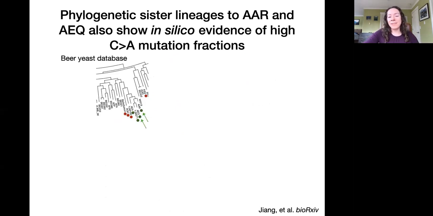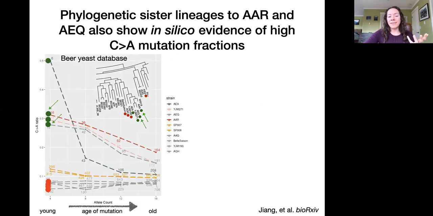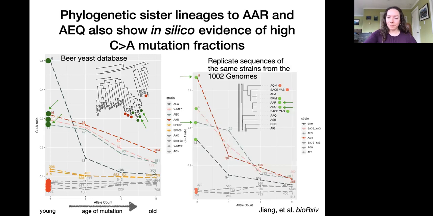So this is just a little close-up of the phylogeny with the green strains that we want to look at. And basically, if we plot the C to A fraction as a function of allele frequency in these strains and these red outgroups, we see this enrichment in the mosaic beer strains at low frequencies, suggesting a recently emerged mutator.